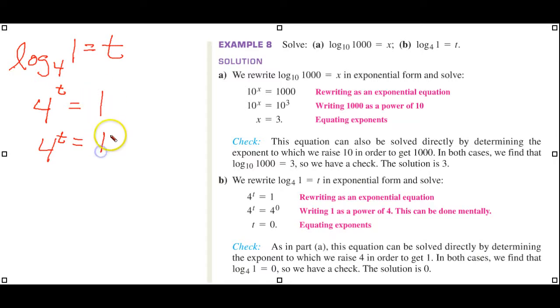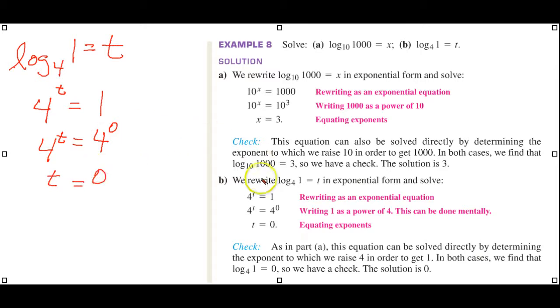And we said that that one would have been to the 0 power. So I should say we have to make that 4 to the 0 power. There we go. So now our bases are the same. Our exponents now equal each other.